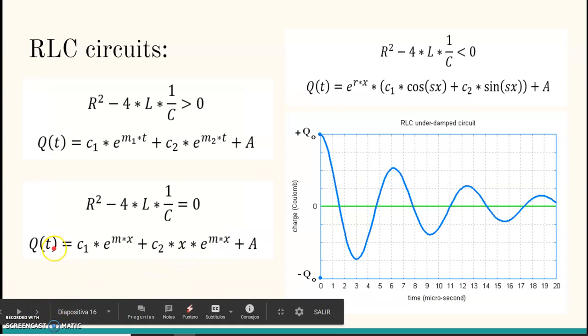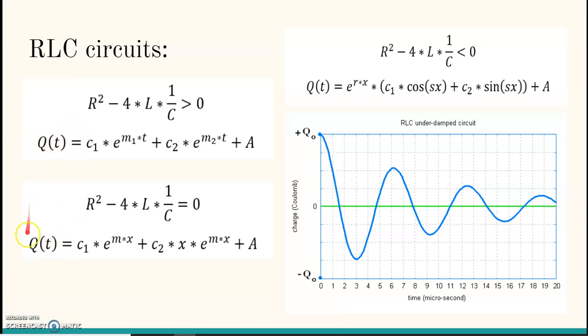When we solve this second order differential equation, we can have three possible solutions depending on what this expression is. If this expression, R squared minus 4 times L over C, is bigger than 0, we're going to have this expression for the solution of the differential equation of the charge over time, and it will be just an exponential function.